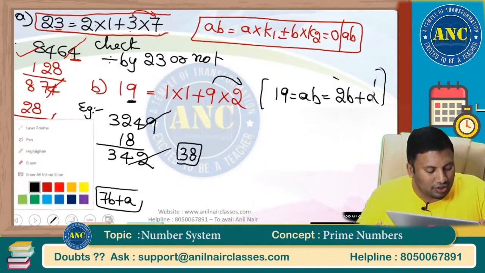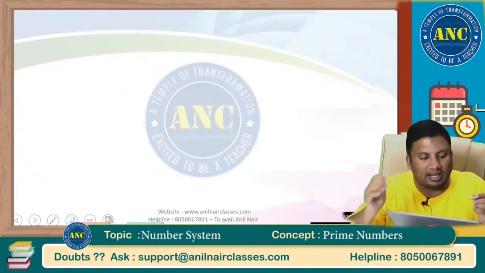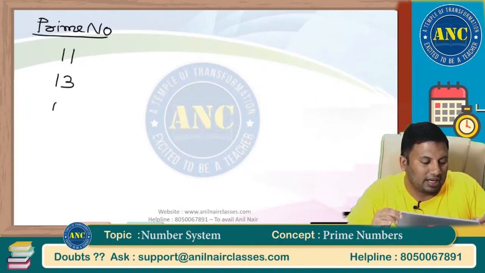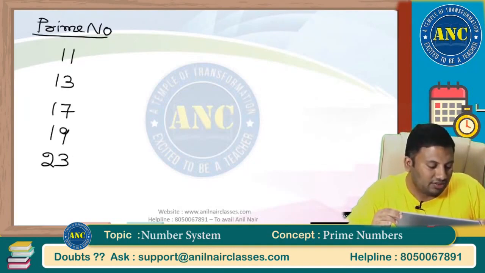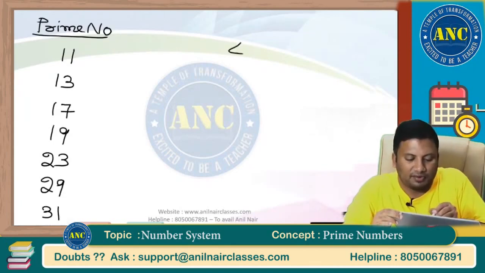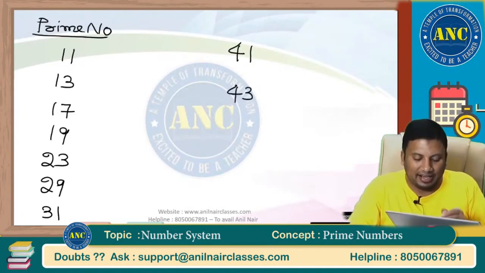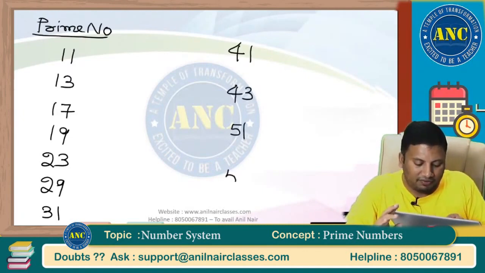That means you can develop your own prime number rules once you understand the concept. Prime numbers 11, 13, 17, 19, 23, 29, 31, 41, 43, 51, 59.